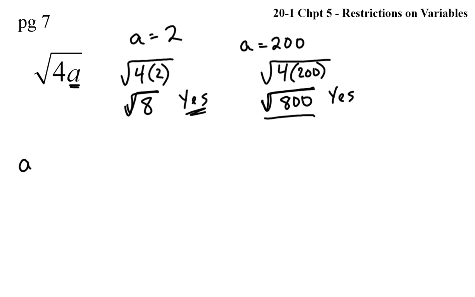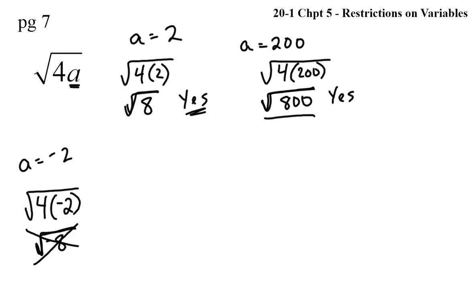What if a equaled negative 2, though? We would have 4 times negative 2, which would be the square root of negative 8. Can we square root negative 8? We cannot. It's not allowed. So a equal to negative 2 can't happen.